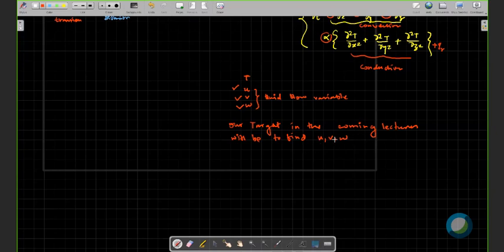And then once you know UVW, similar methods can be used, and this equation can be solved independently or in a coupled manner, and you can get the values of T. So the question is how to find the value of UVW. That will be our target in the coming lectures.